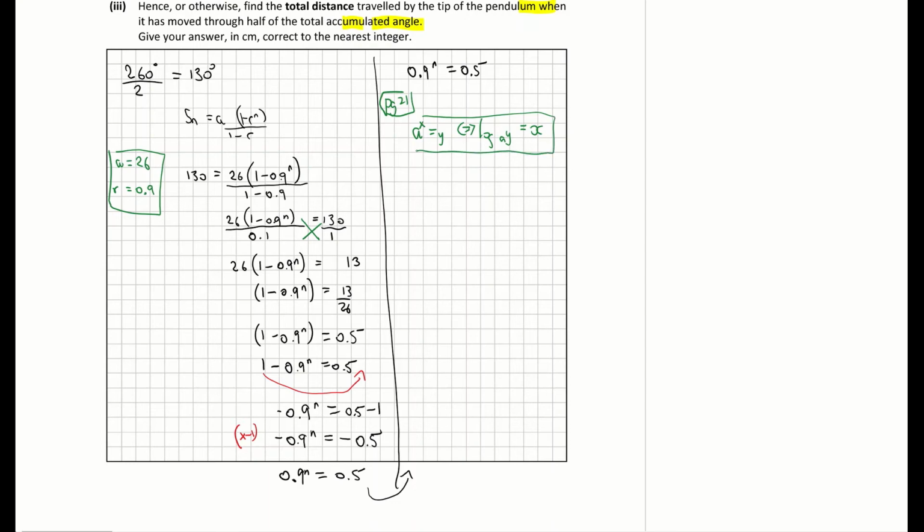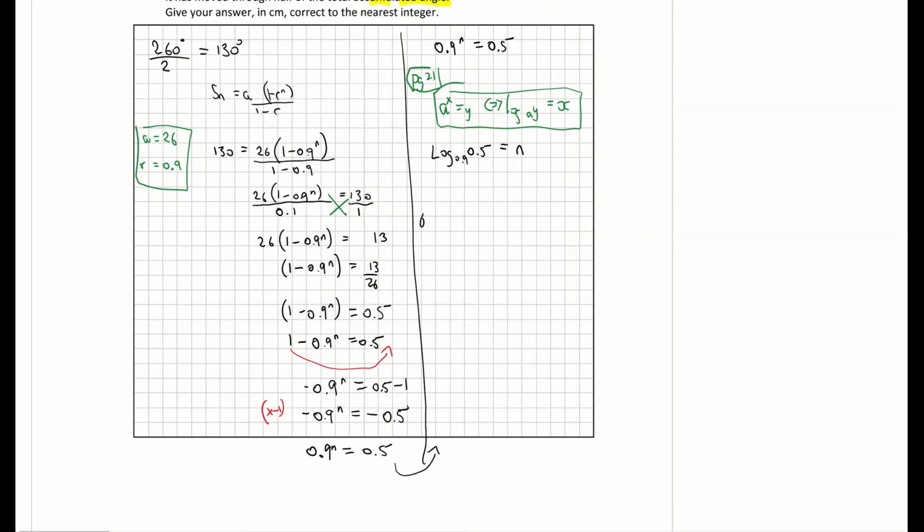So I'm using this rule again, and when I fill that in, I get log of 0.5 to the base 0.9 is equal to my power, which is n. And when I type in that log, I get 6.57, so 6.5788 is equal to n.